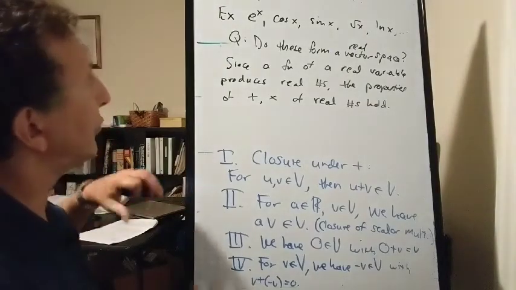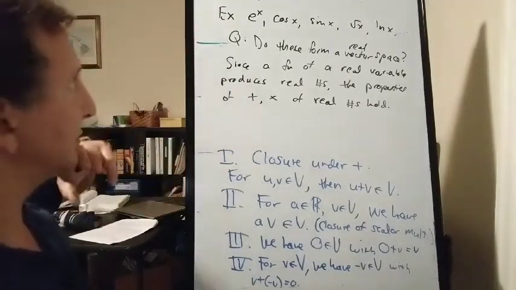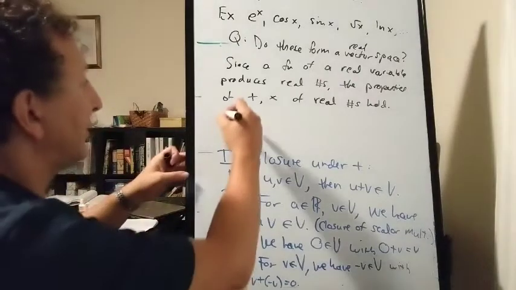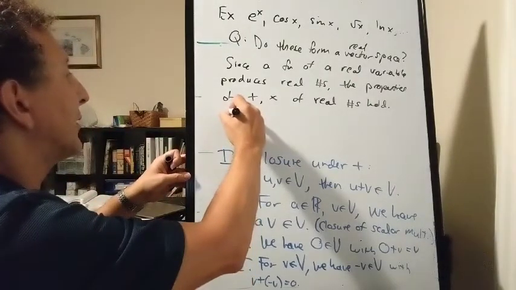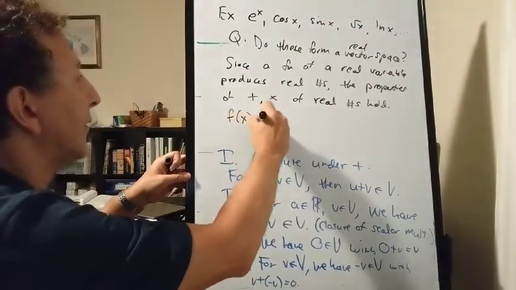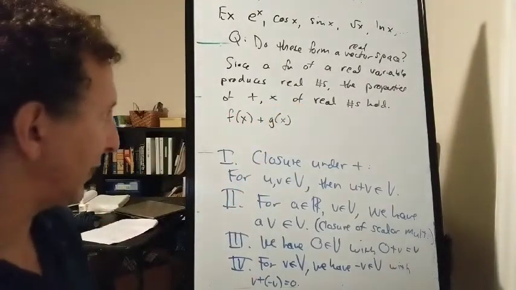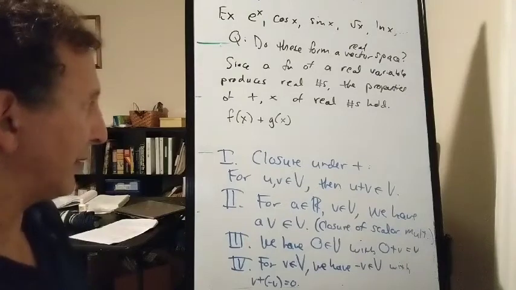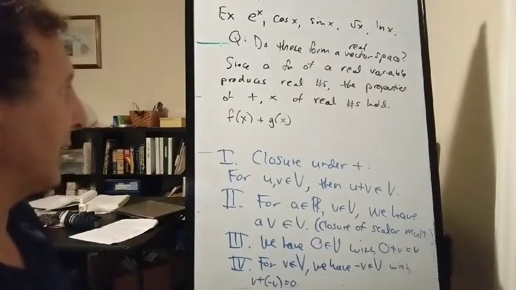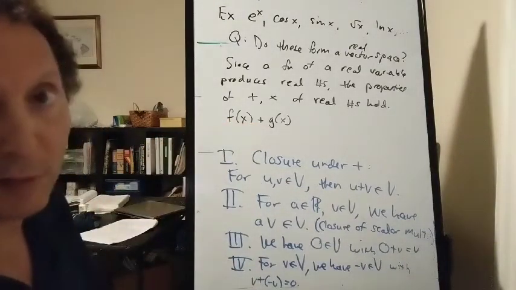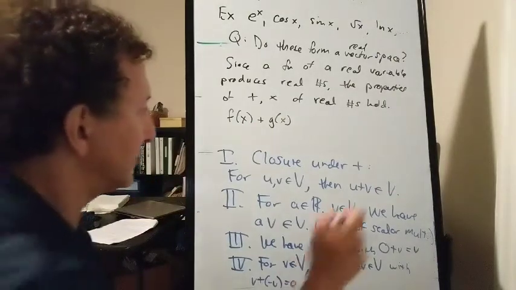So vectors of the space are functions, that is, if it's really a vector space. So if f of x and g of x are functions, how about f of x plus g of x? Well, sure, that's the function that you get by plugging x into f and then into g and adding them together. So that's a function.